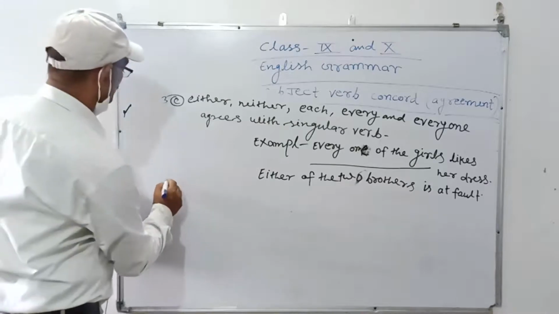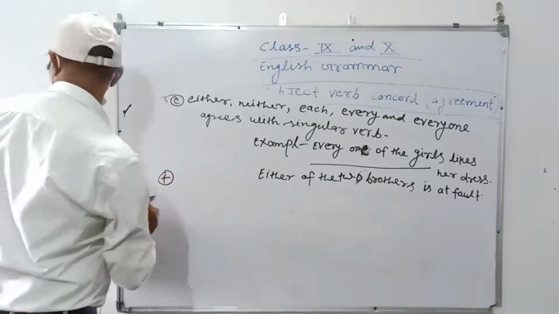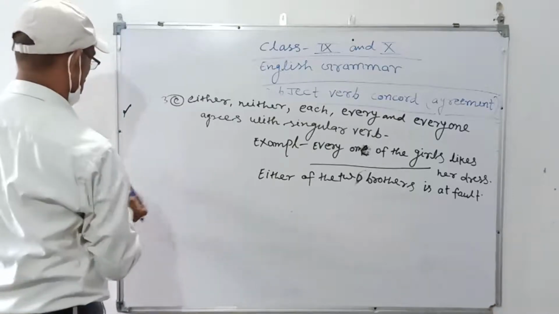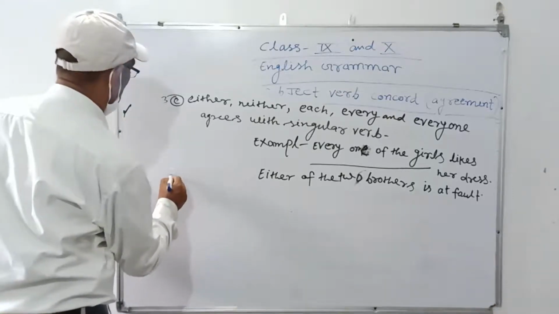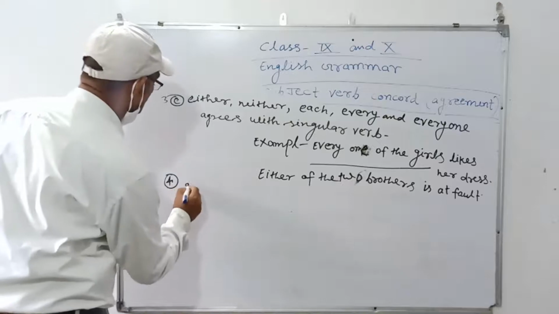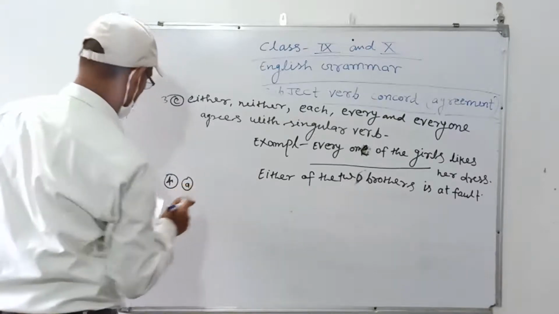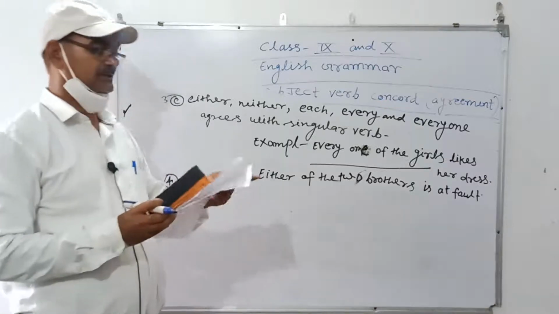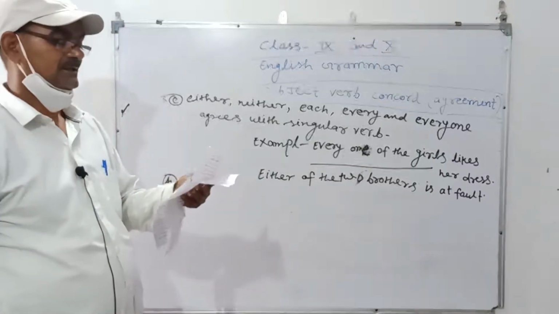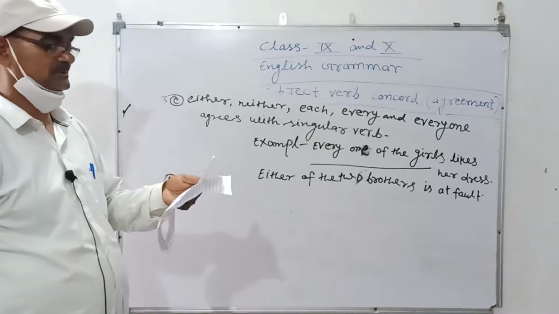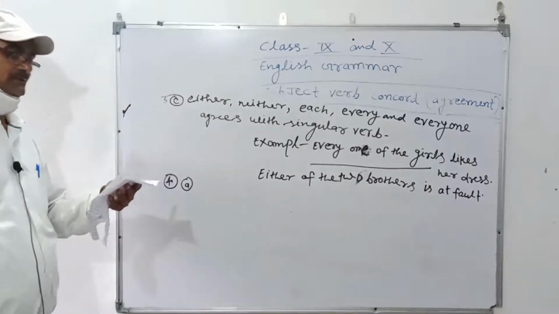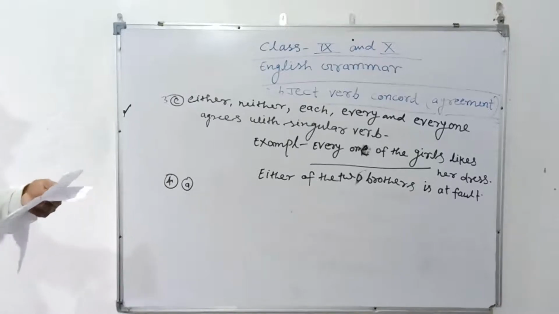Rule number 4. According to rule 4A, when two singular subjects refer to the same person or thing, the verb agrees with the singular and the article is not repeated.